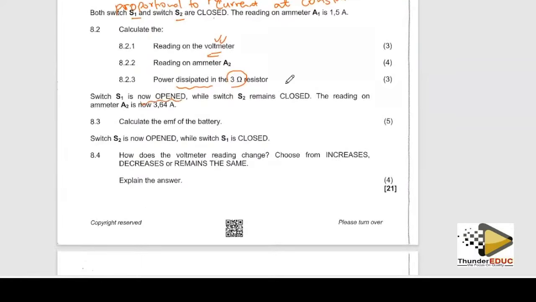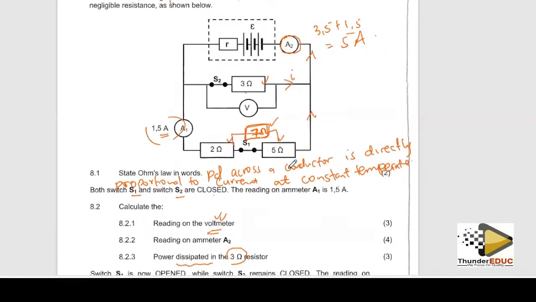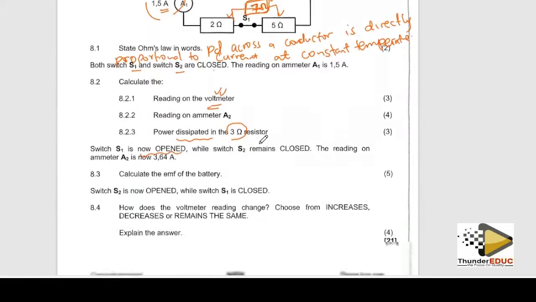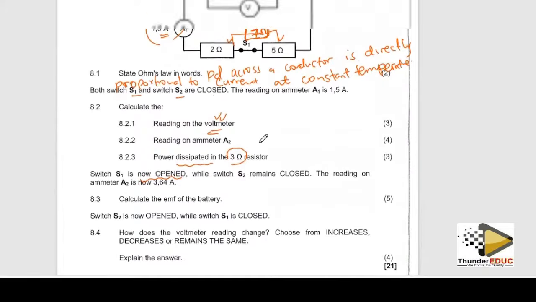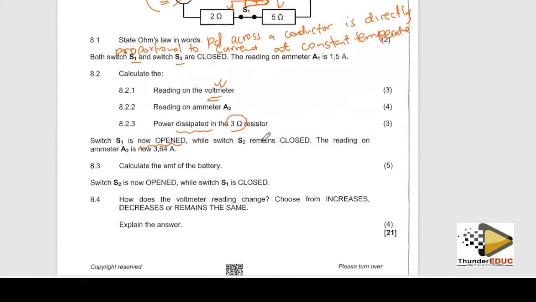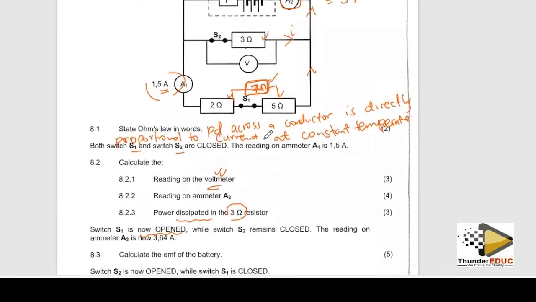S1 is open. Okay, so if S1 is open, which means our main focus is just the 3 ohm. Wait, which one is open and which one is closed? S2 is opened.